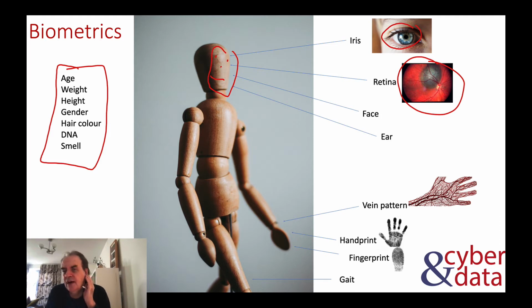Ears also are fairly distinguishable. One method that's fairly accurate is in the vein pattern inside your finger, and you find that is fairly unique for most users, and it doesn't vary too much.